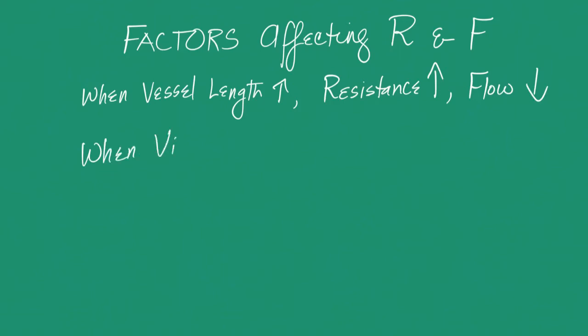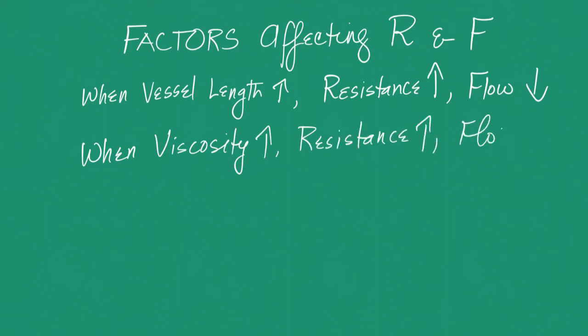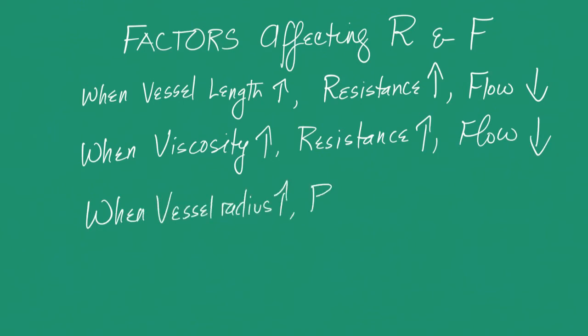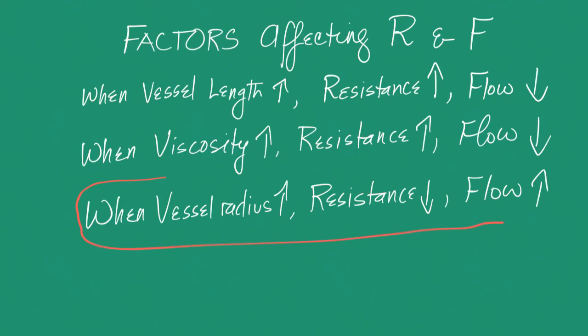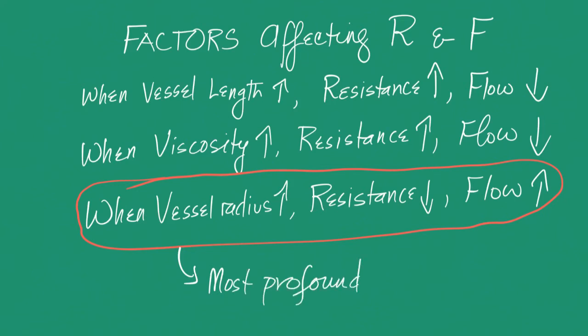When viscosity increases, resistance also increases and flow decreases. When vessel radius increases, resistance decreases and flow increases. Remember that vessel radius has the most profound effect on resistance, and therefore it has the most profound effect on flow.